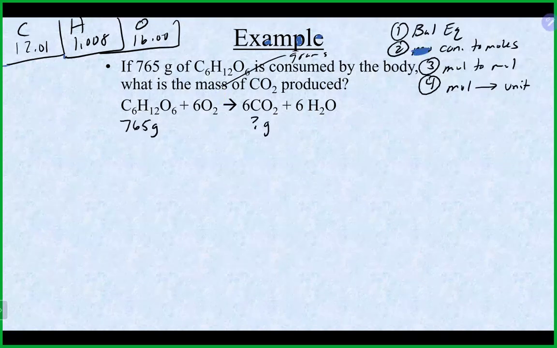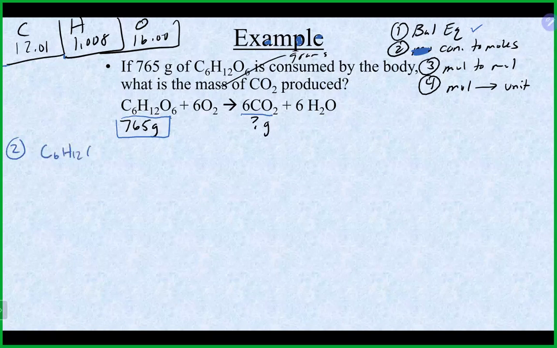These 4 steps: we are given information about this one, but we're interested in the CO2. So it is a stoichiometry problem. We have an equation. I see some coefficients, so I'm going to assume that it's balanced, and it is. Next, step number 2, which is to take whatever they gave us and convert it into moles. To do that, we need the molar mass from the periodic table.